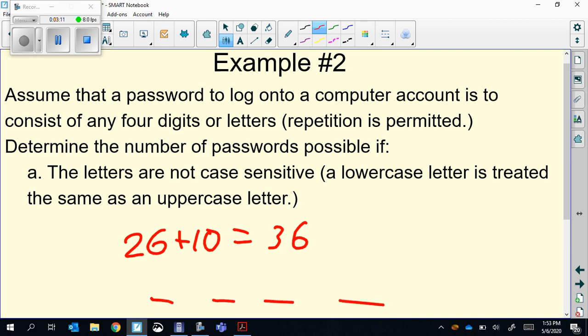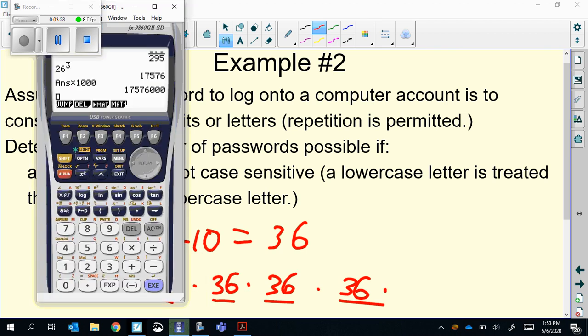1, 2, 3, 4. And it says repetition is permitted, so that means 36 and then 36 again, because we can repeat. If you cannot repeat, then those would decrease. So we got 36 to the 4th power there.